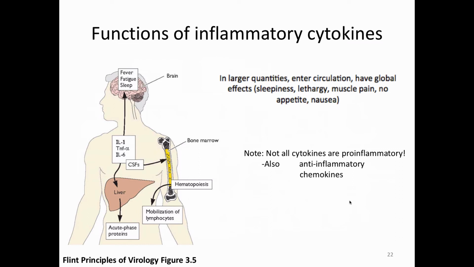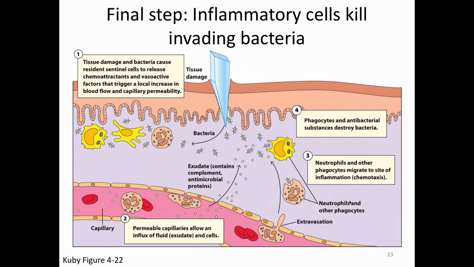All right. So at this point, we've seen tissue damage. We've seen our resident sentinel cell sensing microbes. We've seen release of chemoattractants, those chemokines. We've seen release of vasoactive factors, things that change the vasculature. You can see that in your textbook, it gets leaky.